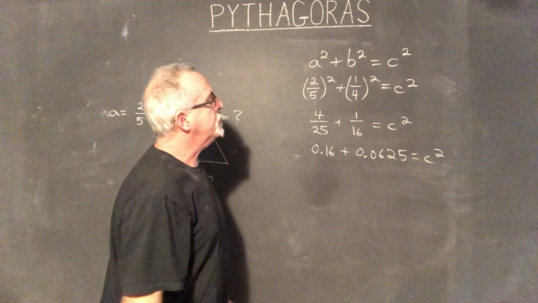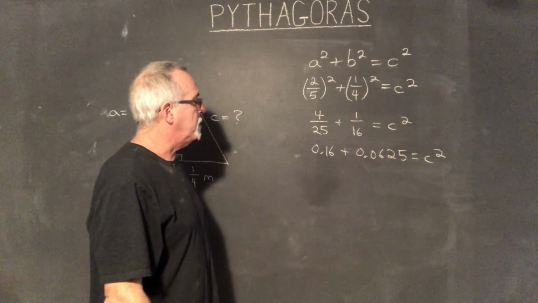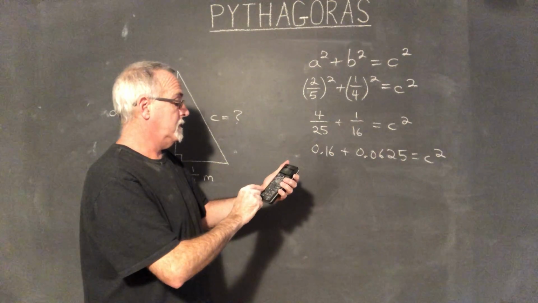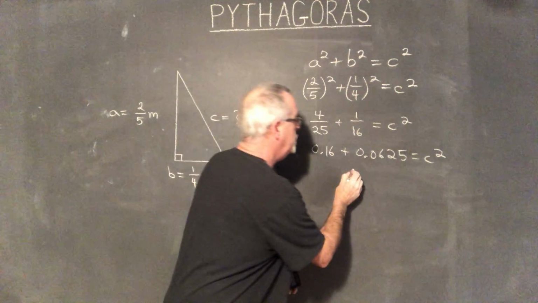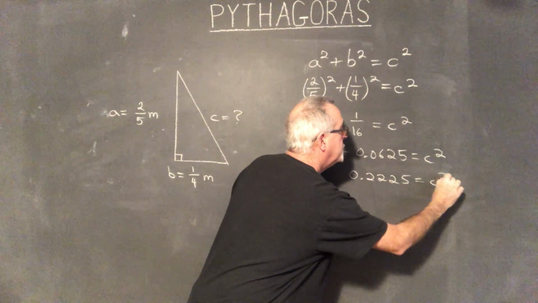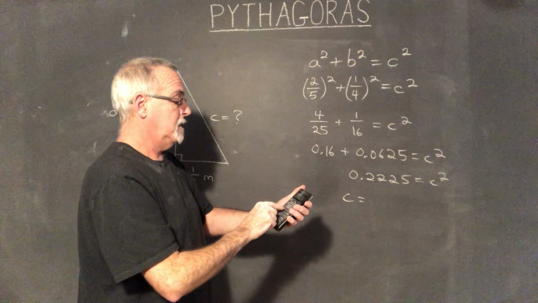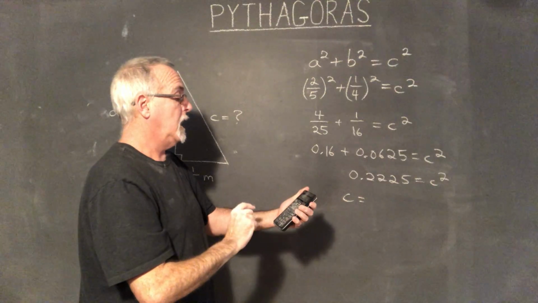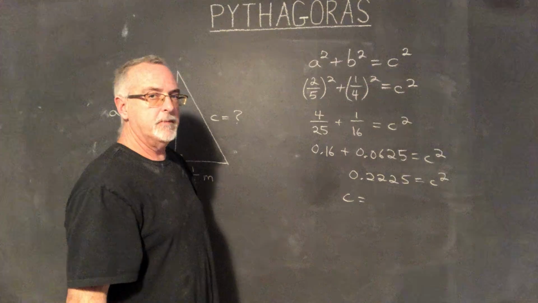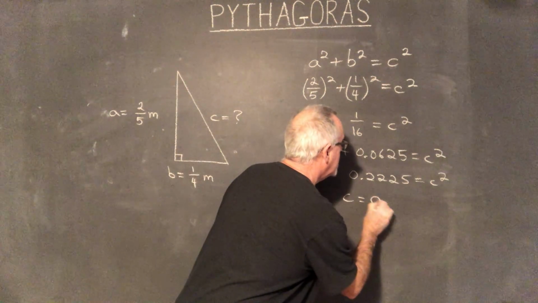Okay, so the fractions experiment's kind of over because we're going to get our final answer, but I'm in decimal form. 0.0625 plus 0.16 is 0.2225. And therefore C is equal to the square root of that. Getting it in a fraction would have been a bit of a pain, I have a feeling. I'm getting 0.47 rounded to the nearest hundredth.